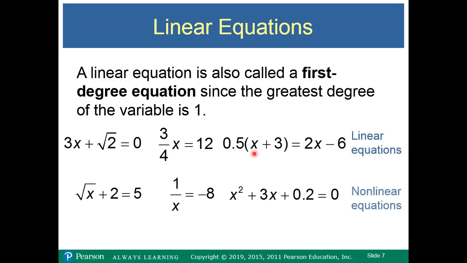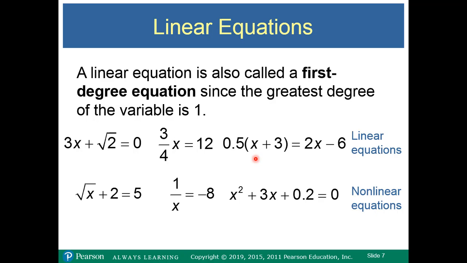For example, these are linear equations. This is a linear equation because the exponent on x is 1. This is a linear equation. This is a linear equation. There are two x's, but it's linear because the largest exponent on x is 1.